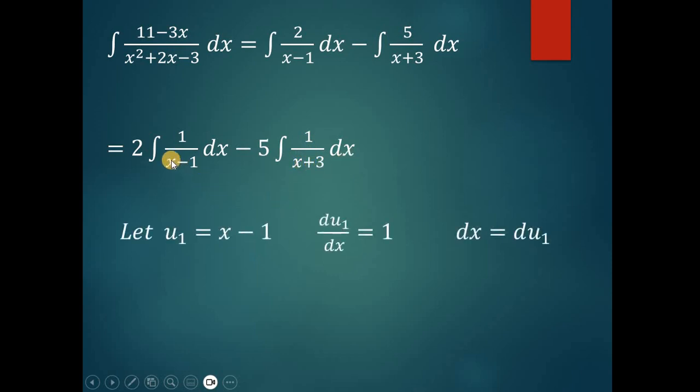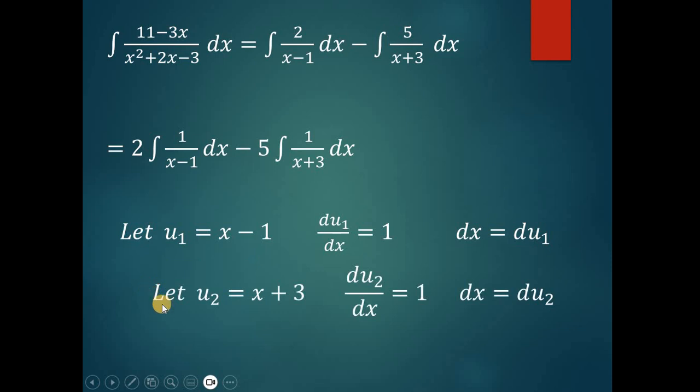So for us to integrate 1 over x minus 1 and 1 over x plus 3, we are going to use the substitution method, whereby we are going to let our u1 be equal to x minus 1, and by differentiating this equation, we are going to have du1 over dx is equal to 1, implying that dx is equal to du1.